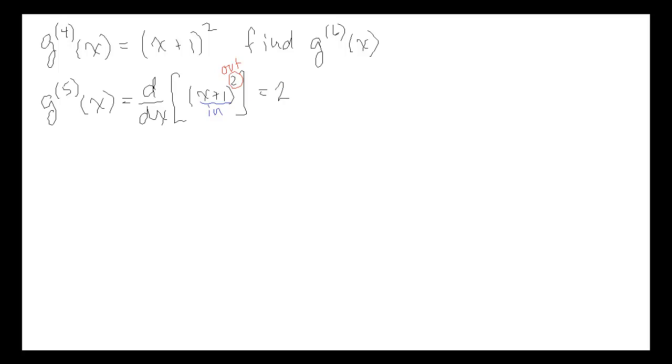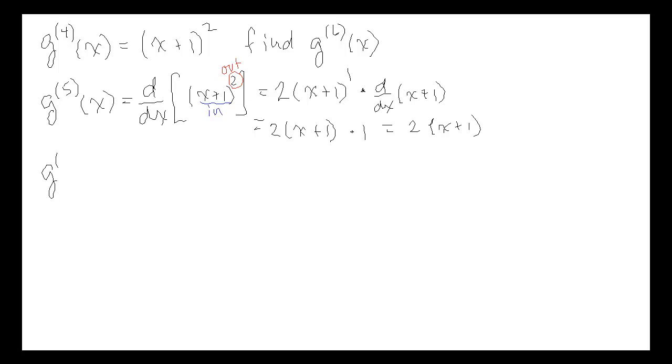So outside first, bring the 2 down, leave the inside alone, subtract 1 from the exponent, and then multiply by the derivative of the inside. So that would be 2 times x plus 1 times 1, or just 2 times x plus 1.